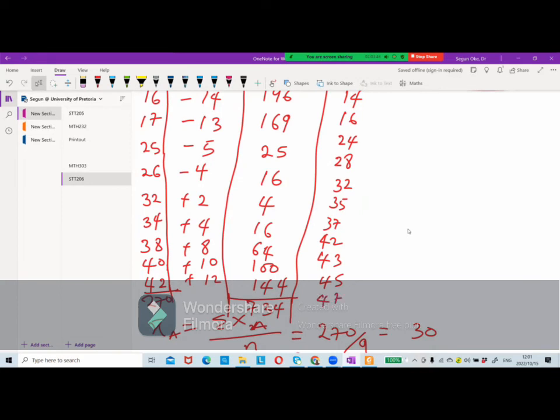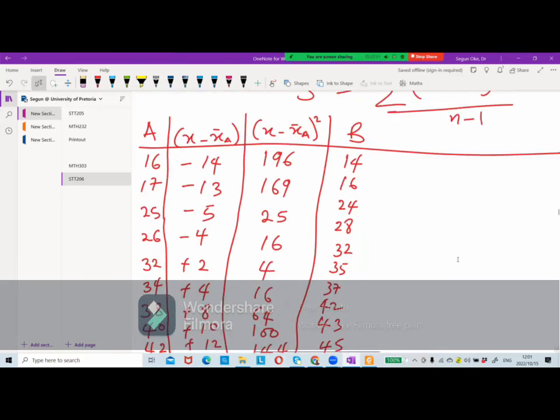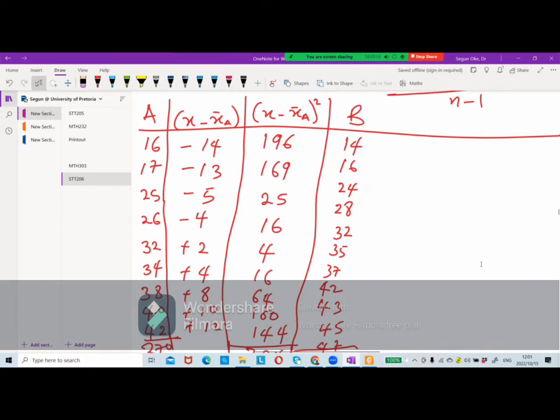Good. So add it together. What do you have? I will not write it down. I want you to do it in your notes. Everybody do it. I have my solution.